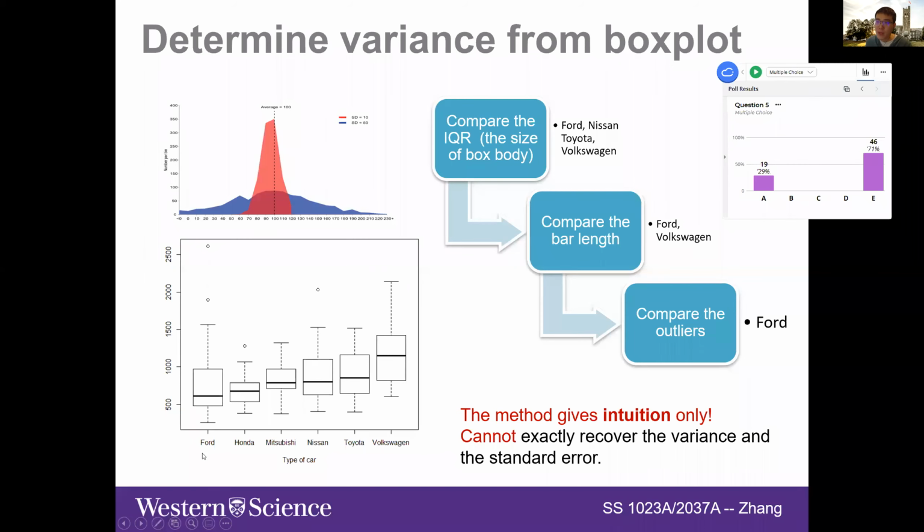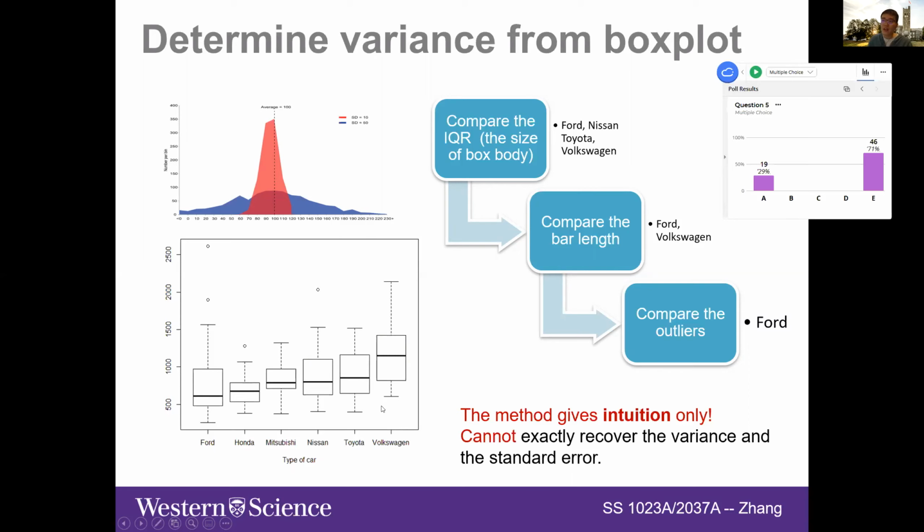If you compare the box plots, you can see that probably the Volkswagen is more symmetric than Ford, in the sense that, from the upper bar, the distance between the upper bar and the median is much higher than the distance between the median and the lower bar, right? But for the Volkswagen, although it's large, it's not that bad.